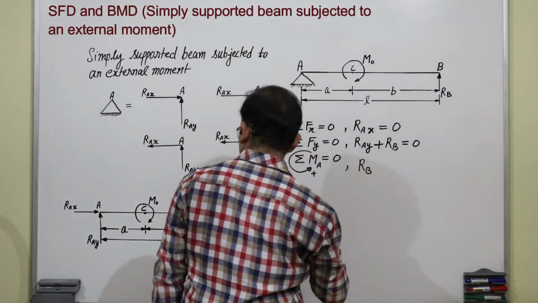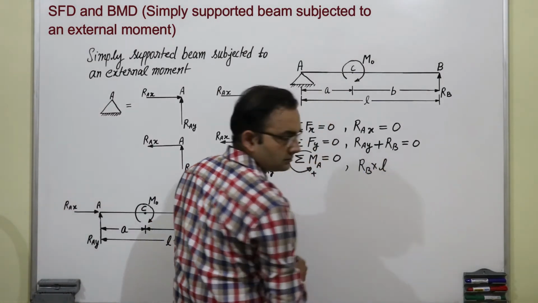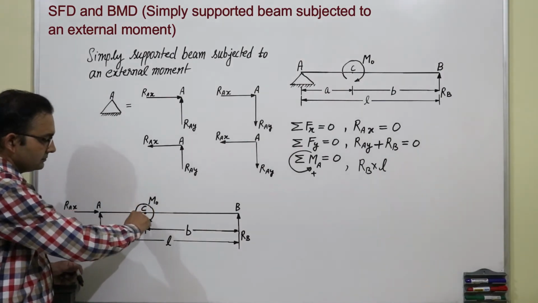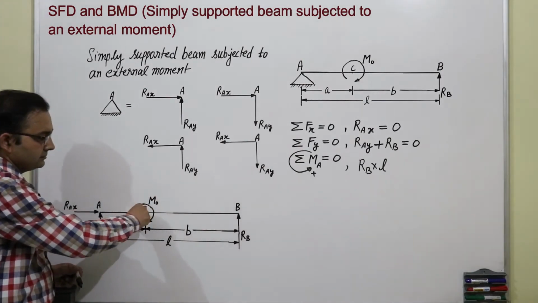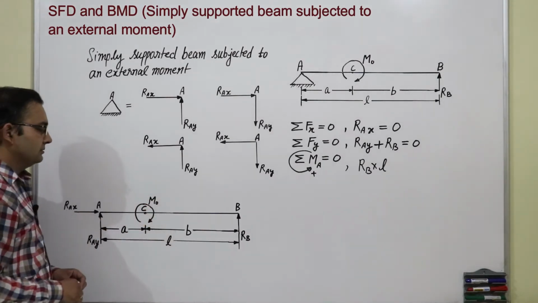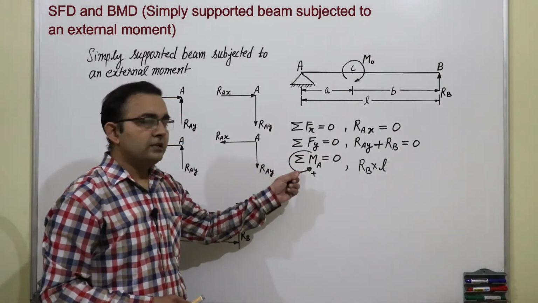RB into L, and this moment about point C is clockwise. So our symbol is anti-clockwise moment is positive.